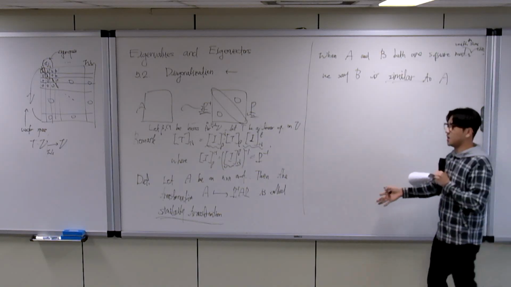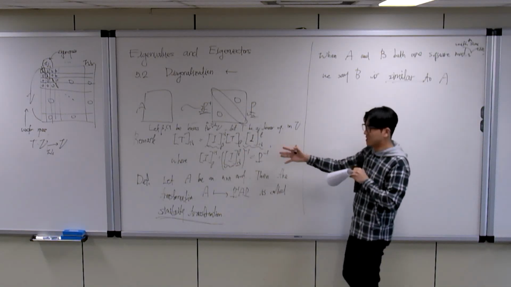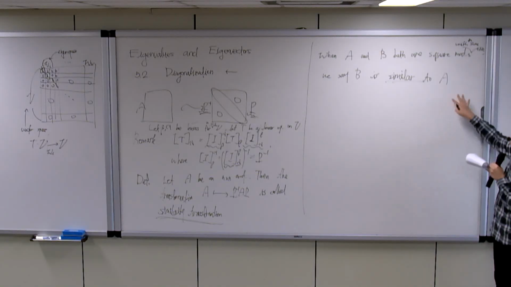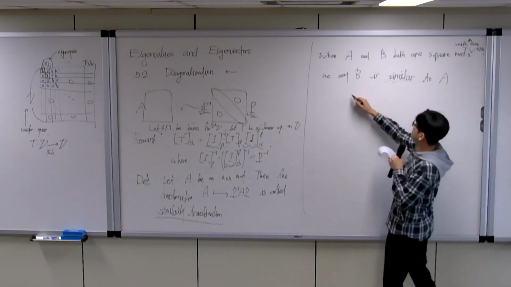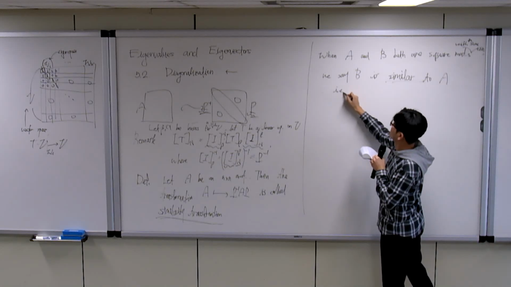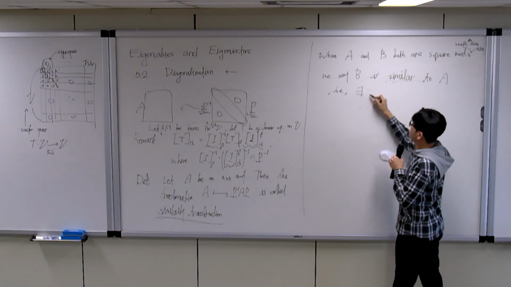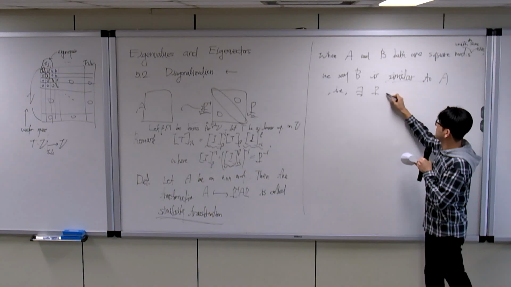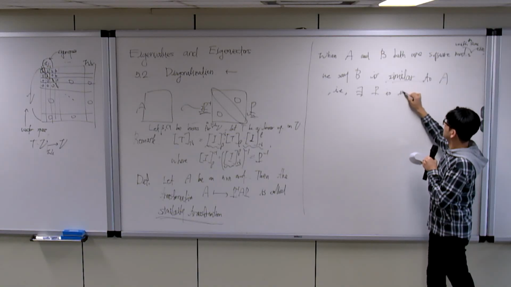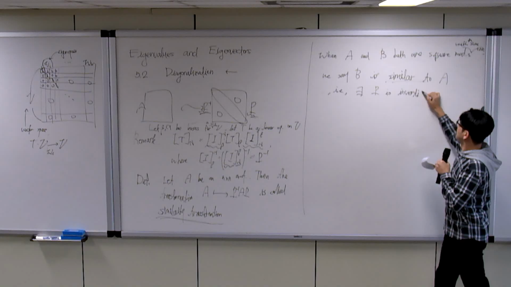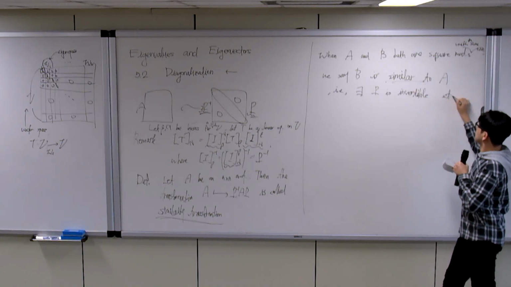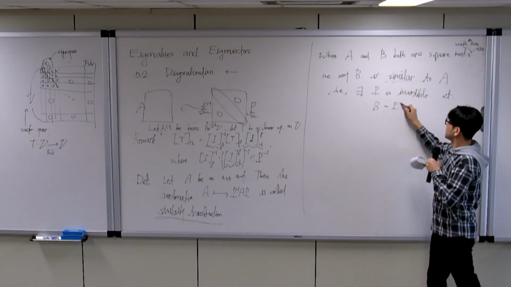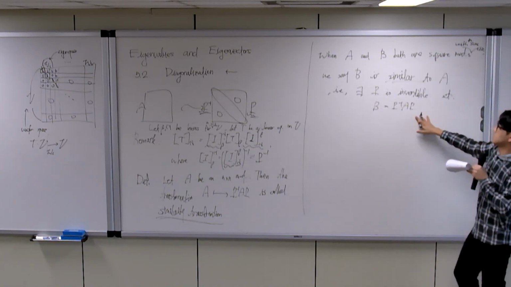It is making matrices into other matrices with other bases, and this means there is some invertible matrix P such that B is equal to P inverse AP.